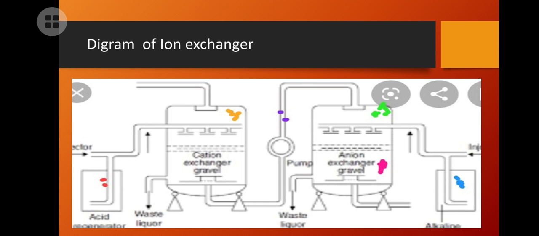The cation exchanger has become R2 calcium and R2 magnesium. So when a reaction takes place, the R2 calcium and R2 magnesium react with HCl, and as a result the calcium and magnesium convert into calcium chloride and magnesium chloride, and H ion again replaces the calcium and magnesium and converts into RH. So in this way the cation exchanger is restored.